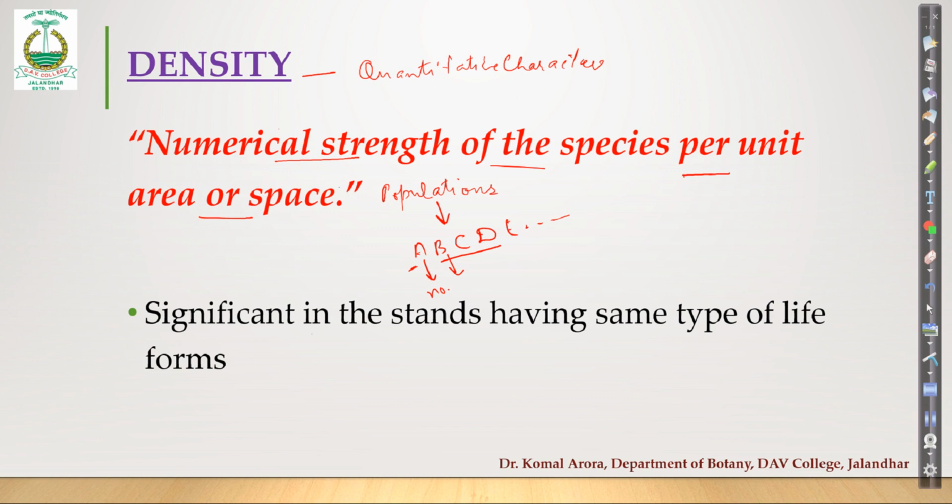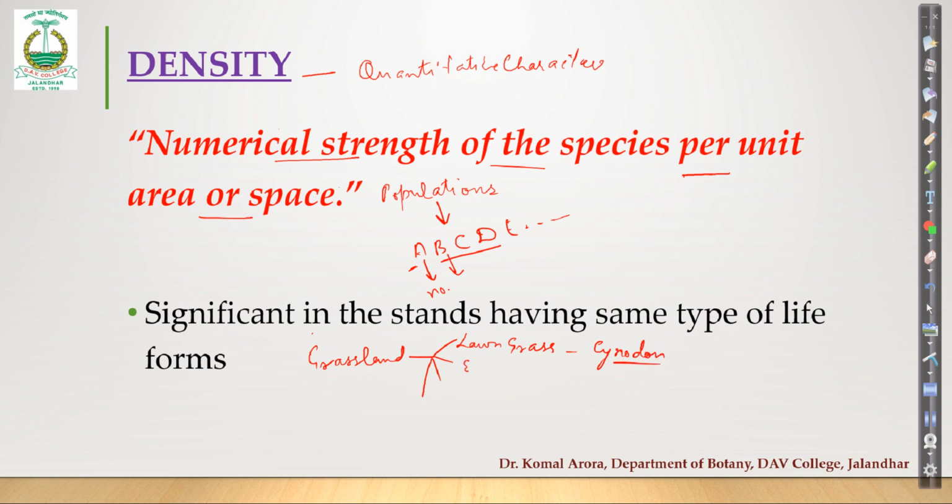Now, it is very, very significant. How? Because we have some stands in which uniform life forms are growing. For example, suppose you are visiting a grassland, and in this grassland the common species are lawn grass, called Cynodon.